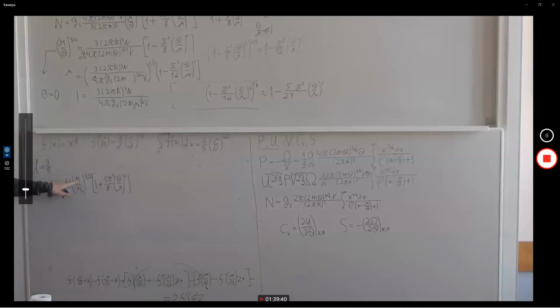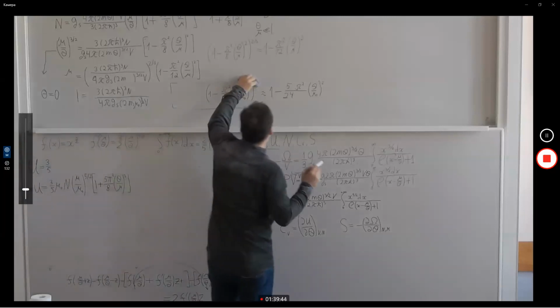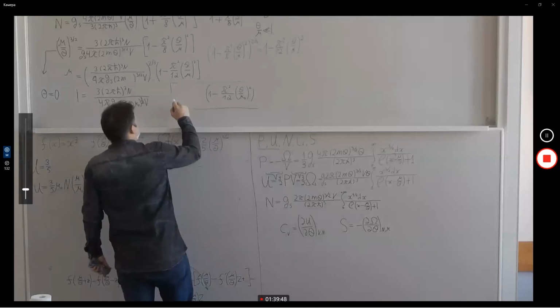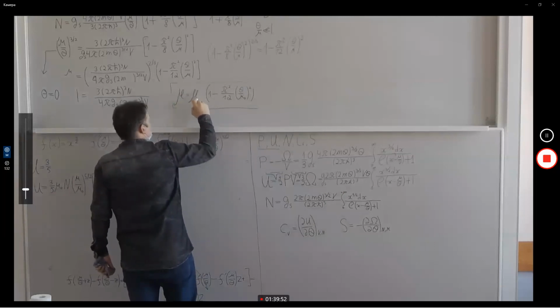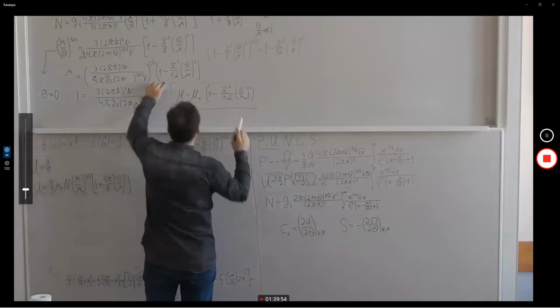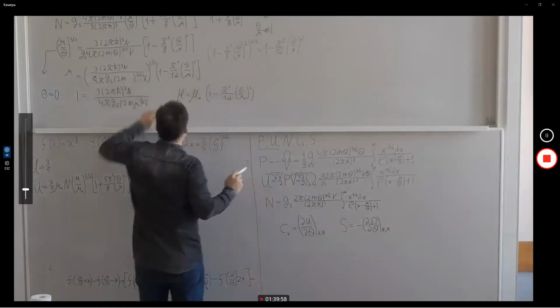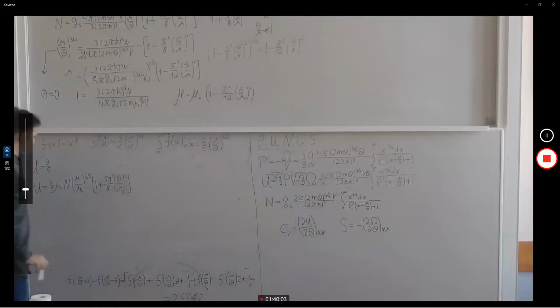Because mu and mu sub 0 are different quantities. We have a relation between mu and mu sub 0. We have derived these relations when we studied the dependence of chemical potential on temperature.